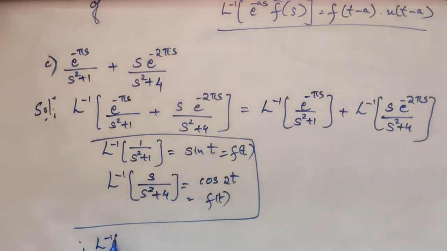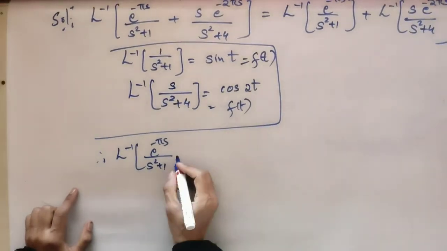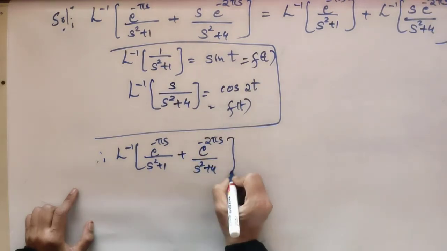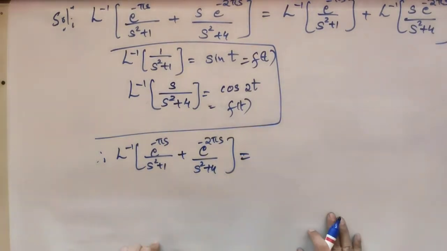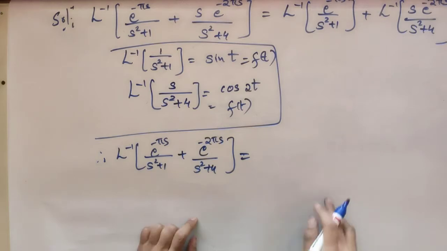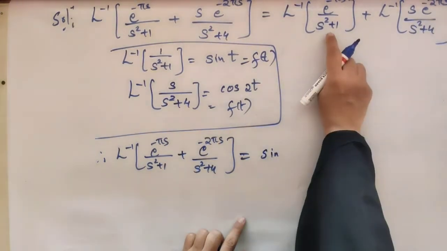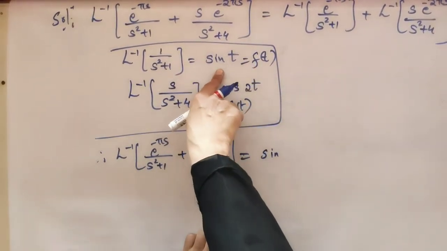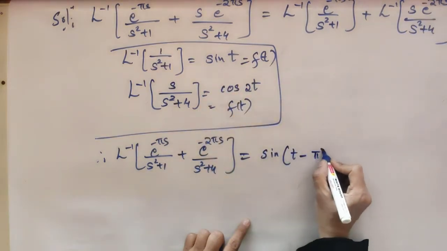Therefore, L inverse of e to power minus pi s divided by s square plus 1 plus e to power minus 2 pi s divided by s square plus 4 will be equal to, I have already solved about 2 to 3 problems previously, so I will directly write the solution here. For L inverse of f bar of s, we have got f of t to be sine t, but I am not going to write it as sine t, I am going to write it as sine of t minus pi.